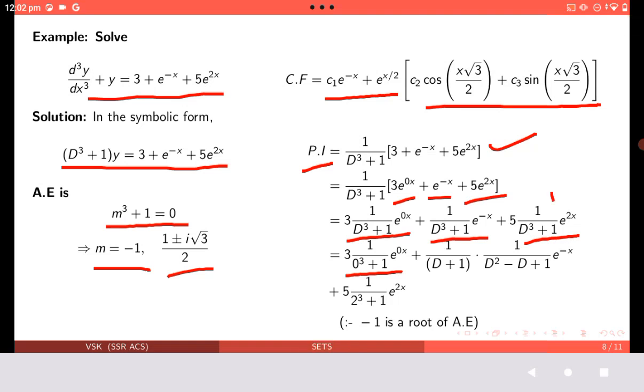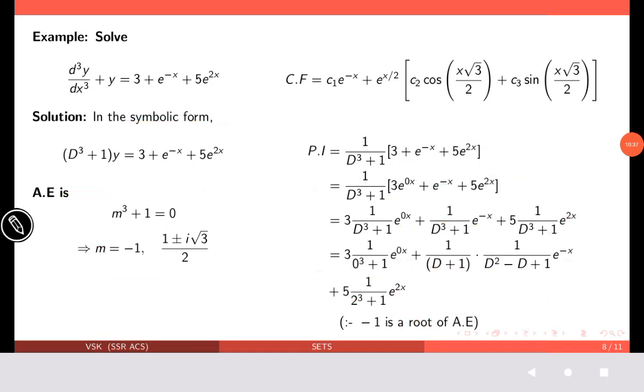We can simply replace D by 2 and this becomes 5 upon 2 cube plus 1 e to the power 2x. In the second expression, because putting D equal to minus 1 gives 0, it is a root. So we can make the factor of this, and the factor is (D plus 1)(D square minus D plus 1) e to the power minus x.